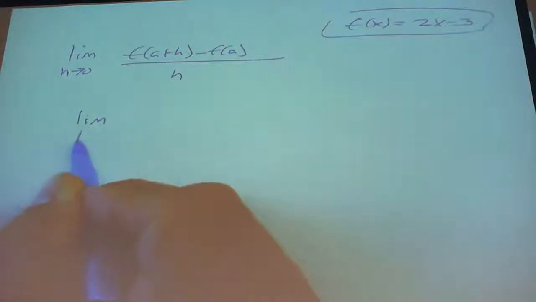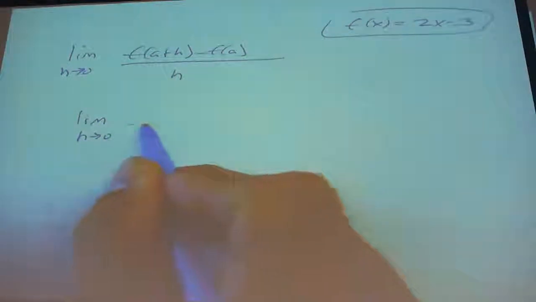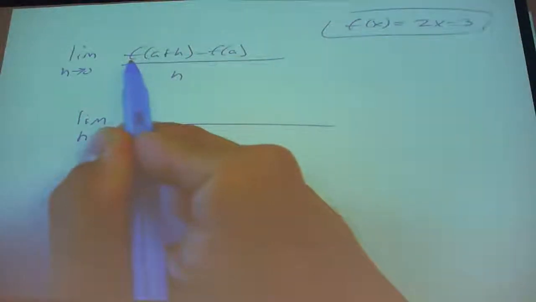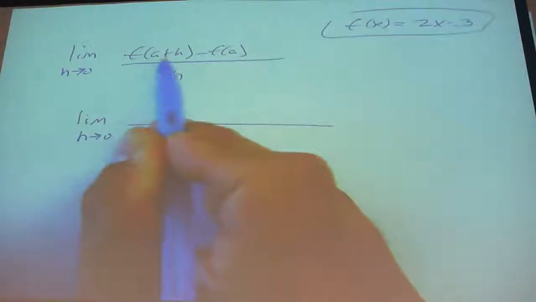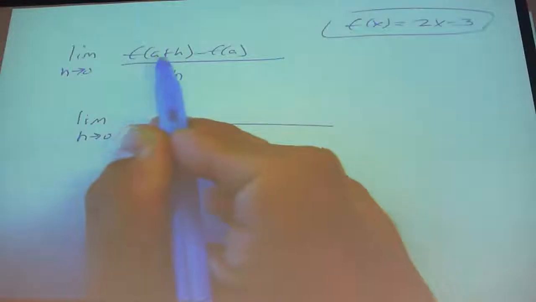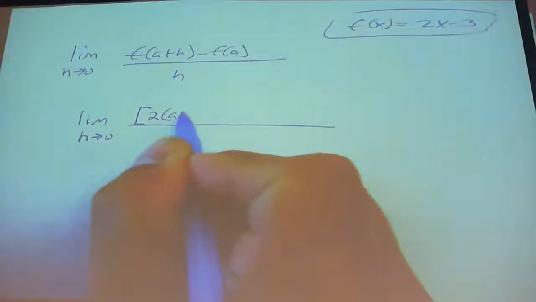And let's see if we remember what this means. This says the limit as h approaches 0, go to the function, and what am I going to plug in? Not yet. I'm going to plug in a plus h. So where there's an x, what am I going to put? A plus h.